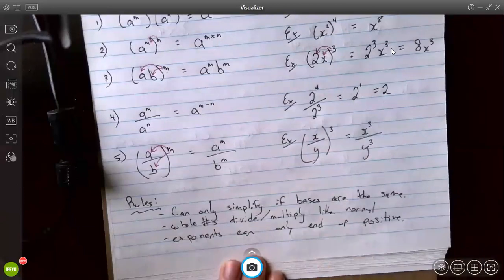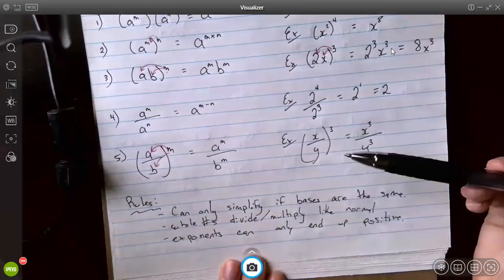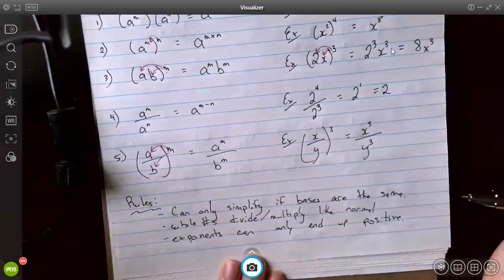So if you do your exponent laws and you end up with a negative exponent, you're going to have to do what we did yesterday in order to get rid of that negative exponent, which is to take the reciprocal of your base. Okay?